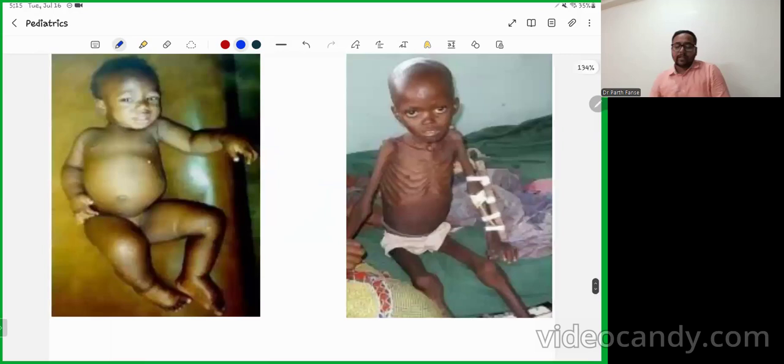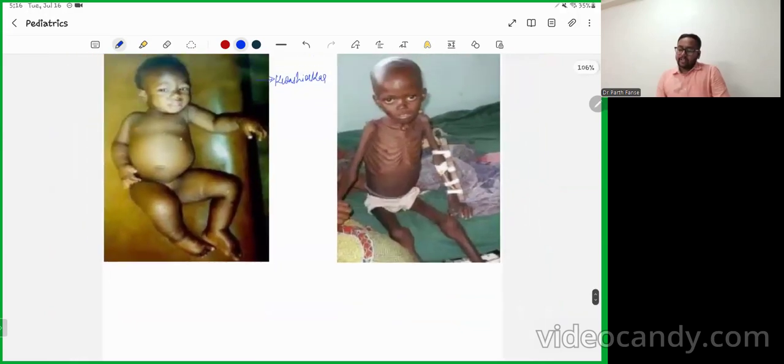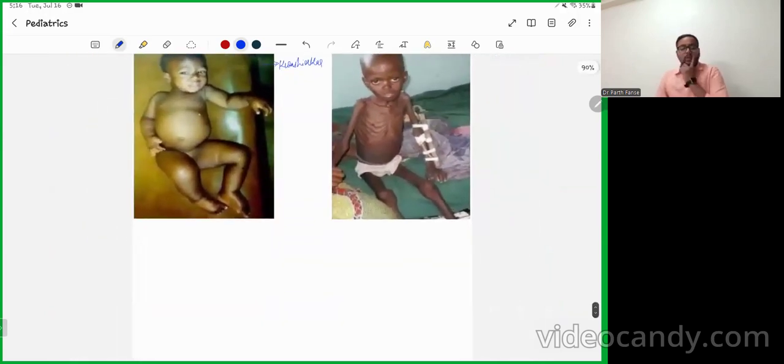So what are the subtypes of SAM? This child is suffering from kwashiorkor, and this child is suffering from marasmus.